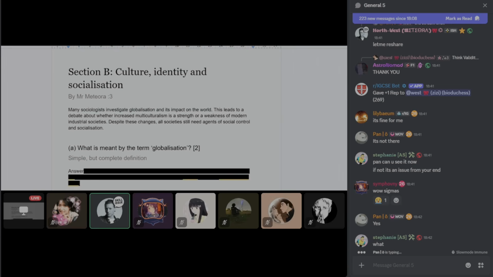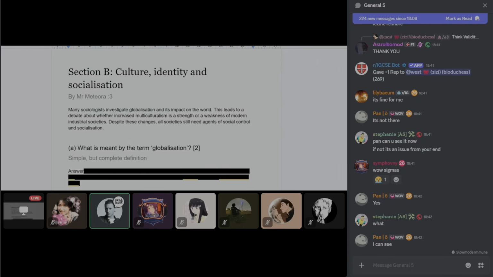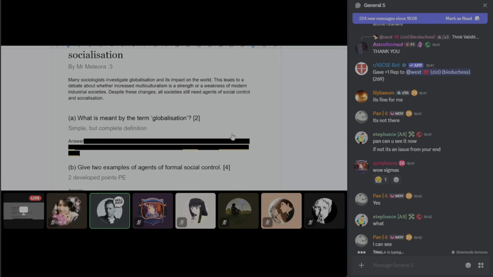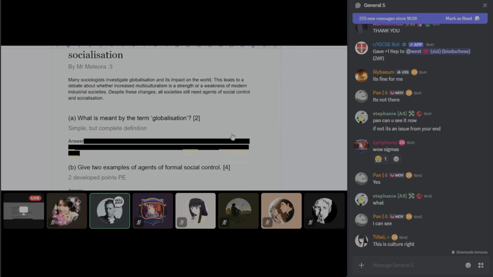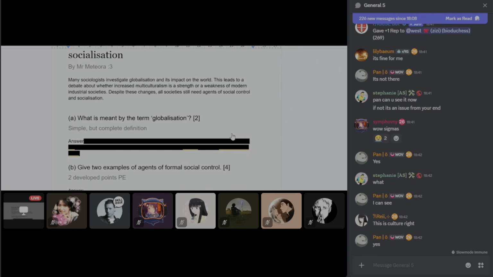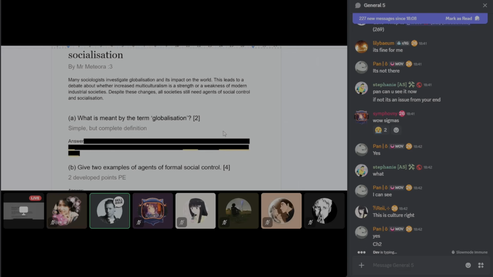Part A is the definition. You have to give a simple definition, but it has to be clear and developed. You should justify the 2 marks you have. What is meant by the term globalization? Would anyone like to attempt this? As always, I'm going to leave it to you to answer.